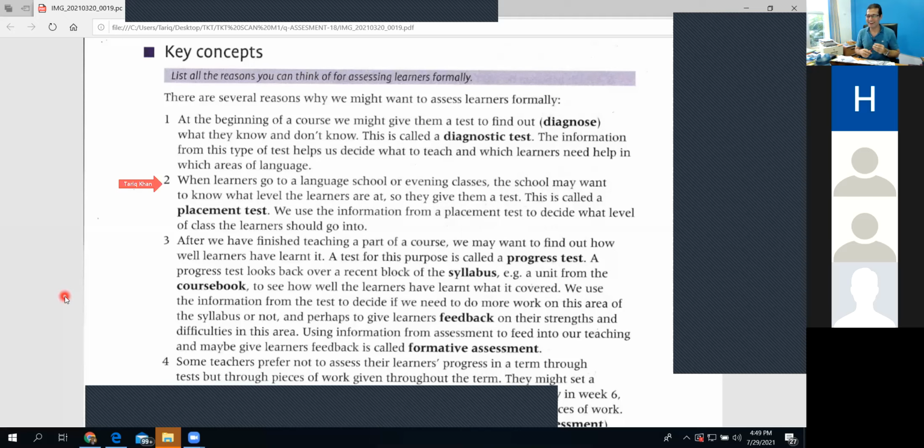Okay, Sachi, it is what you said to the extent the diagnostic test is like, generally we want to know how much language a student knows and how much they don't. When it comes to the placement test, for example, I'm running an institute and I have a particular course for the business level or for spoken English.